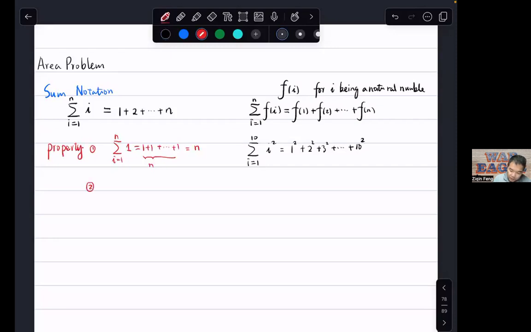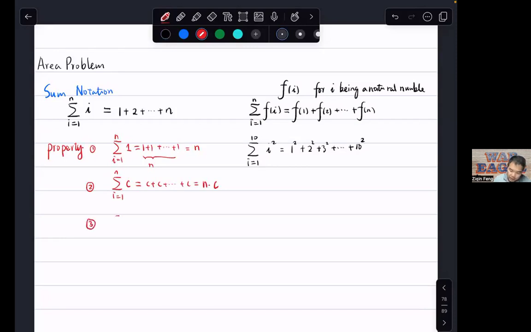Second, in general, if you have summation i from 1 to n of C, where C is always a general constant in our discussion, this is C plus all the way to C. So this is n times C: n many C's, and take a sum.